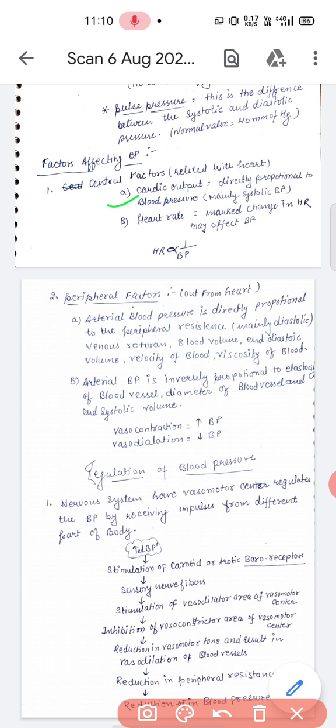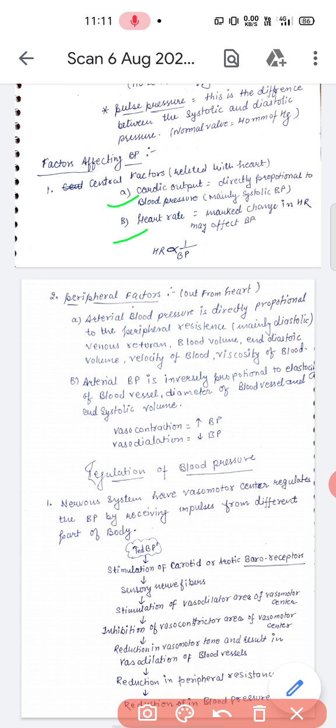If the cardiac output is greater, then your blood pressure will be greater. If your cardiac output increases, then your blood pressure directly increases. Another one is heart rate.